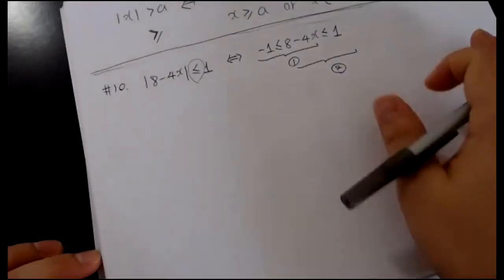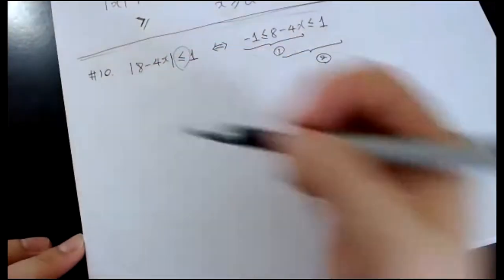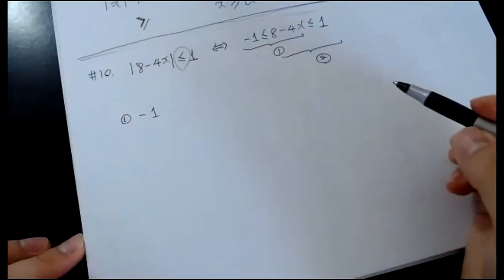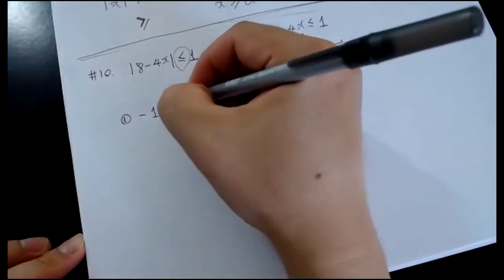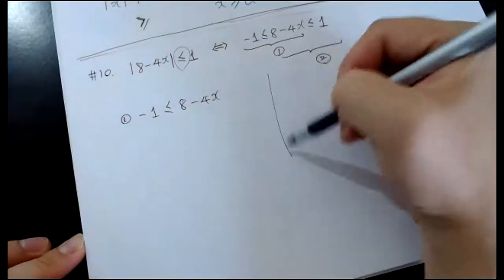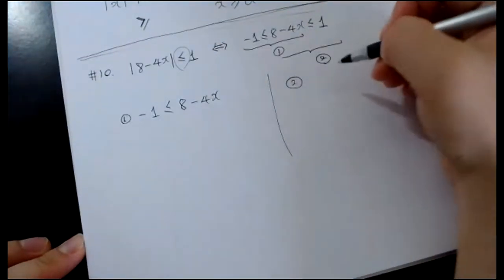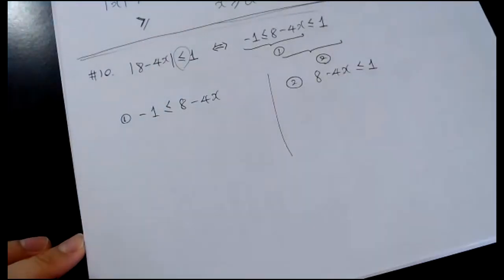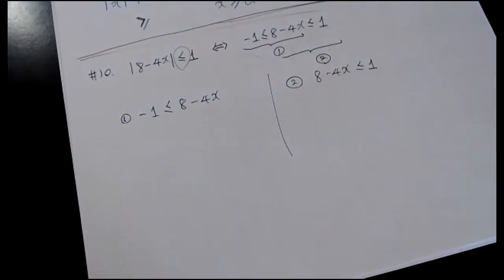Now let's see. The first one, negative 1 is less than or equal to 8 minus 4x. Second inequality, 8 minus 4x is less than or equal to 1.